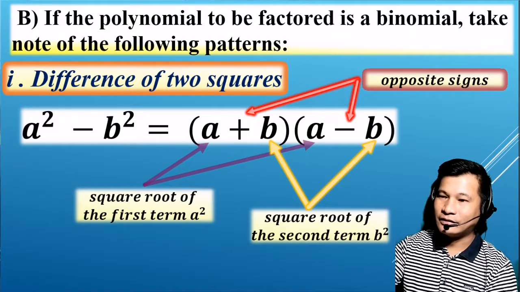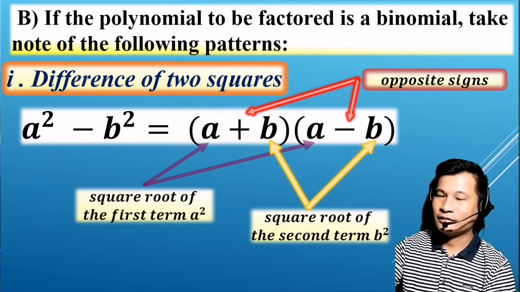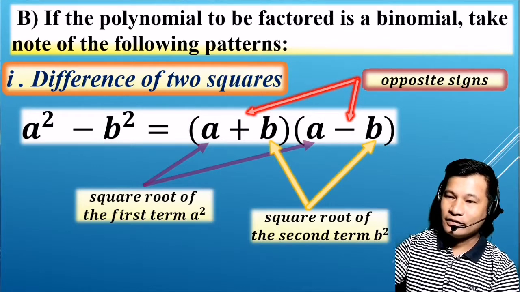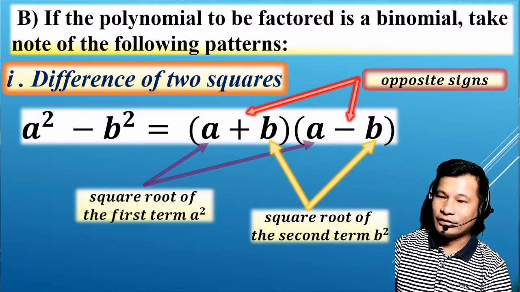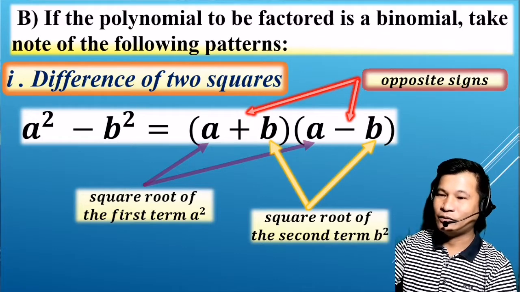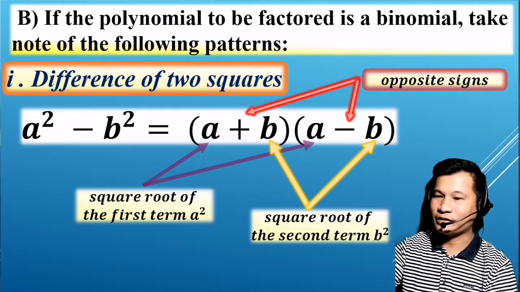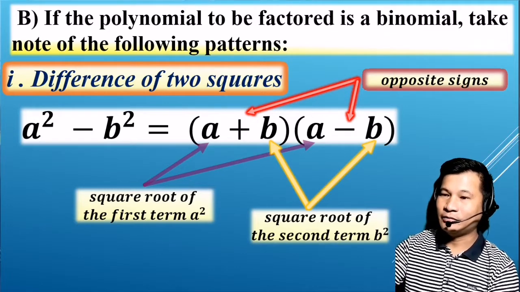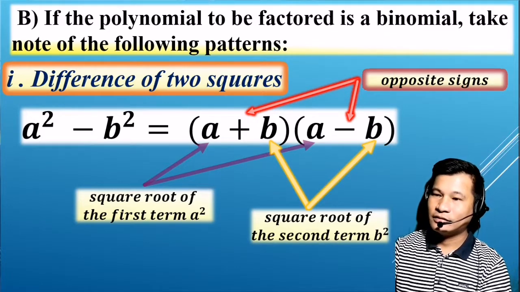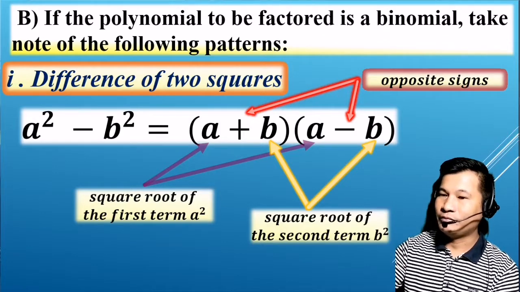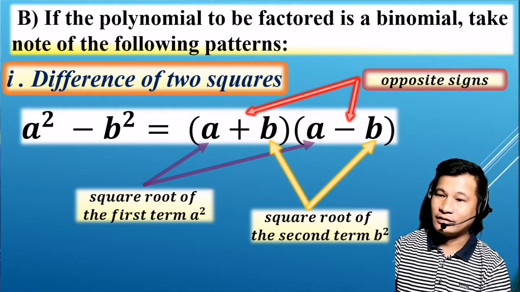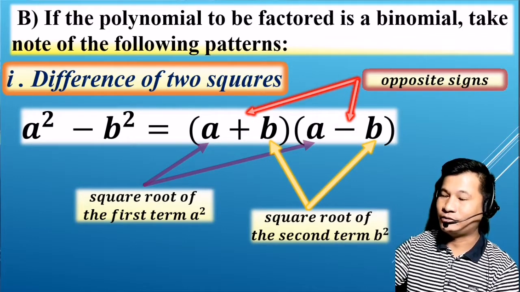Take note that a is the square root of the first term a squared, while b is the square root of the second term b squared. In the binomial factors, be reminded that the signs will always be opposite signs. So just like the positive and the negative that you can see there.